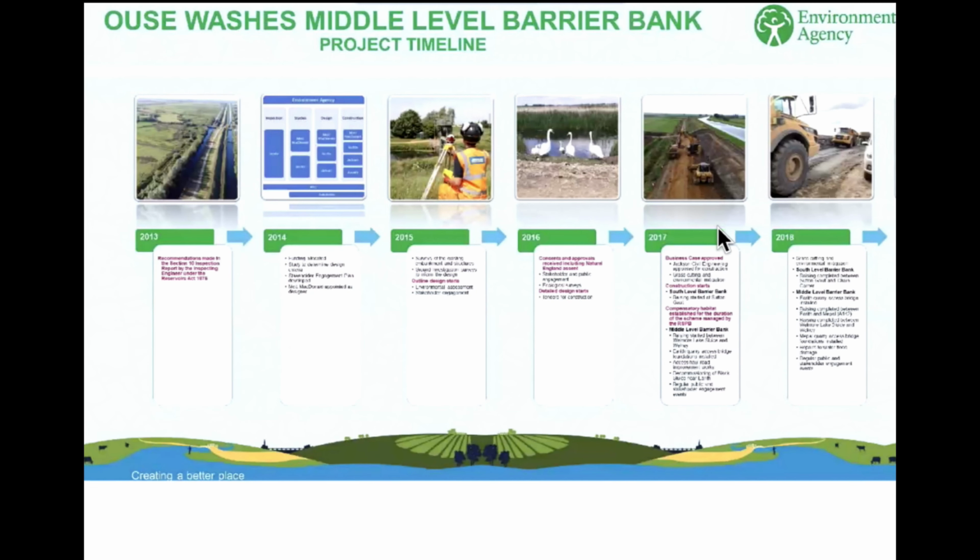So in order to undertake a project of this size, a lot of planning is involved. First of all, we had to set up a team of specialists, engineers, surveyors, ecologists, and so on, and carry out a number of surveys. And of course, most of you know that the Ouse Washes is particularly important for its environmental designations.